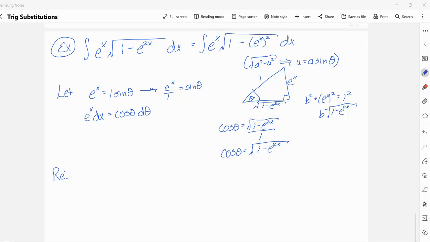So this e to the x dx is equal to cosine of theta d theta. And then when I integrate that, when I do a substitution for that square root, it's going to be cosine of theta. So I'm really dealing with cosine squared.